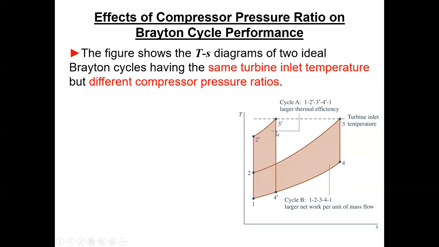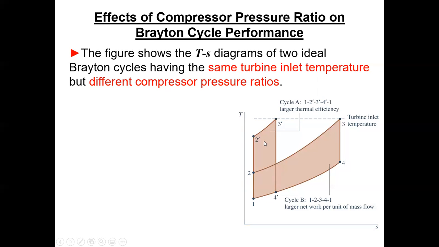Okay, so it's pretty obvious if I compare these two cycles that this tall skinny one is going to have a higher thermal efficiency because the average temperature during the heat addition is jacked way up. So the average temperature there is far greater than the average temperature here. That's pretty obvious. And so that's going to favor this cycle.